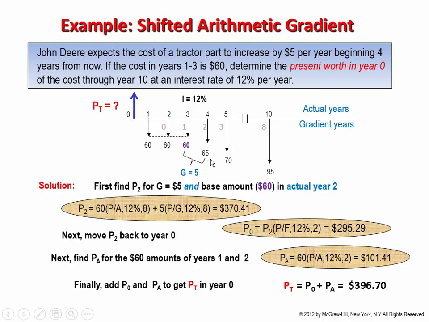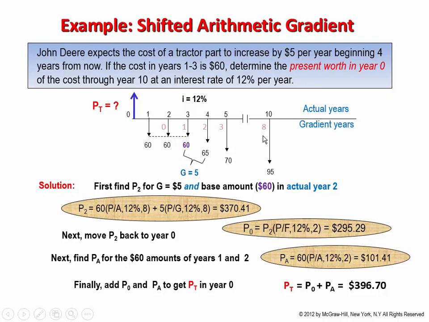It's increasing by amounts of 5, and there's an annual series that has a base of 60. And so when we see 65, that means that when that 5 kicks in, that's year 2. And you can see the imaginary numbering system that's shown here in light red. So this is going to be our pseudo year 2.